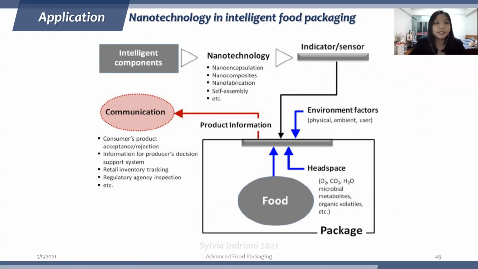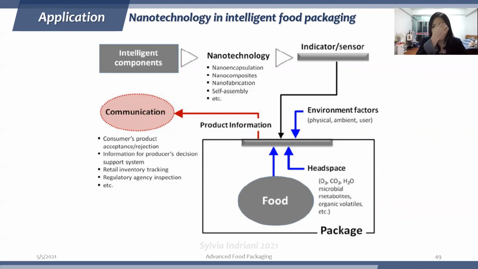This information generated is not only useful for communication with consumers by informing them about the safety and quality of the products, but also can be used by the producer in their decision support systems to determine when and what actions are to be taken throughout the entire product distribution channel and production process.